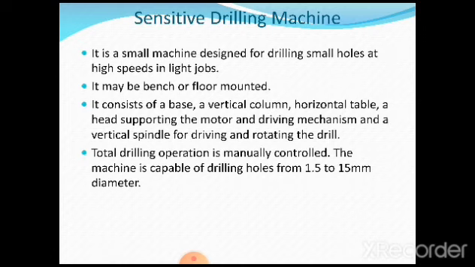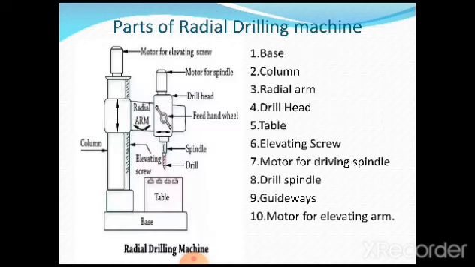In the case of a sensitive drilling machine also, we control the drilling operation manually only. The machine is capable of drilling holes from 1.5 to 15 millimeters. So you can see here that the maximum diameter of the hole that can be drilled is around 15 millimeters, and that too on lightweight workpieces.